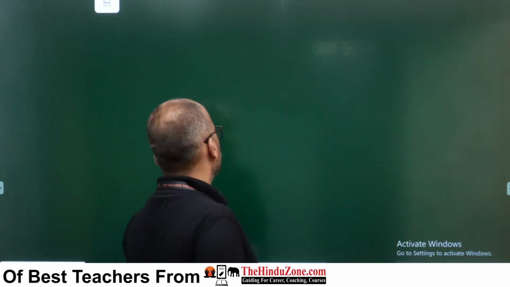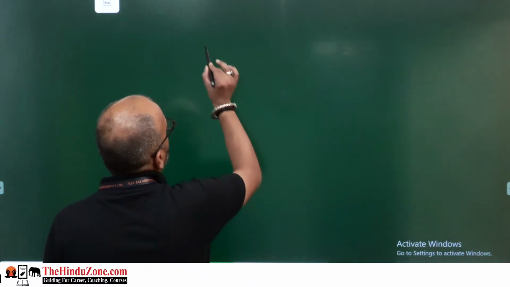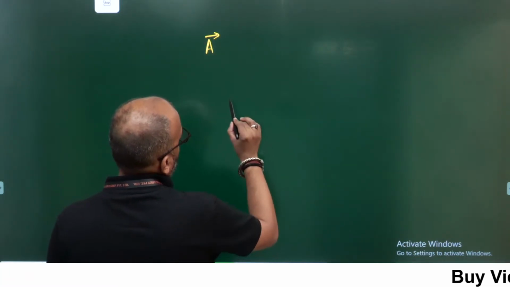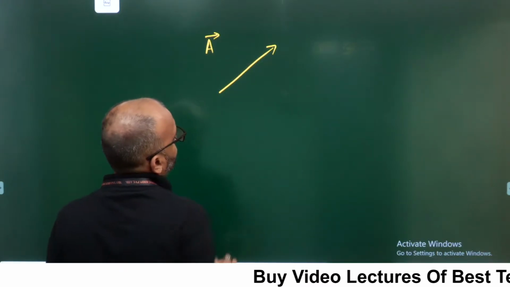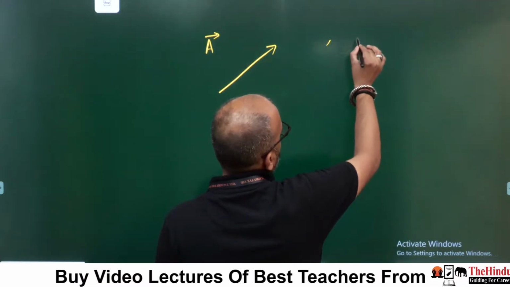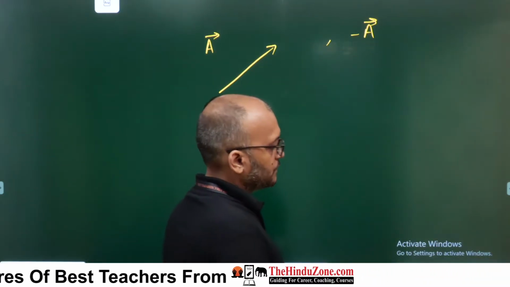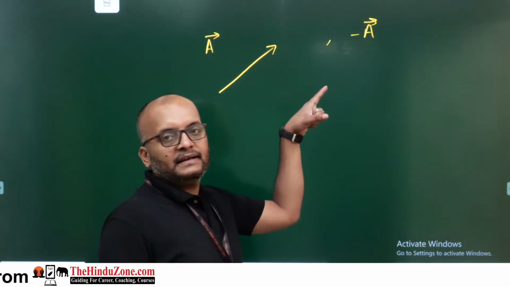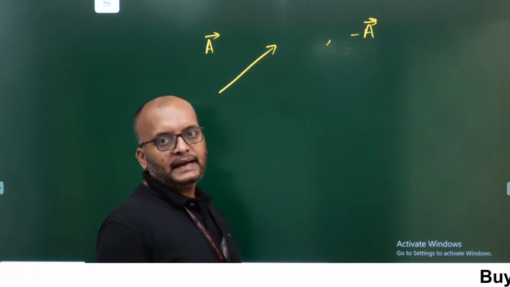Moving on. Now please see. If I have got vector A, suppose this is vector A. And if I want to find minus A vector, then what will be minus A vector? See, minus A vector will be just opposite of vector A in direction.